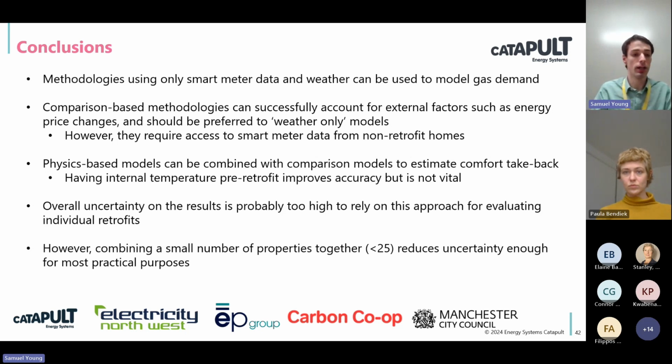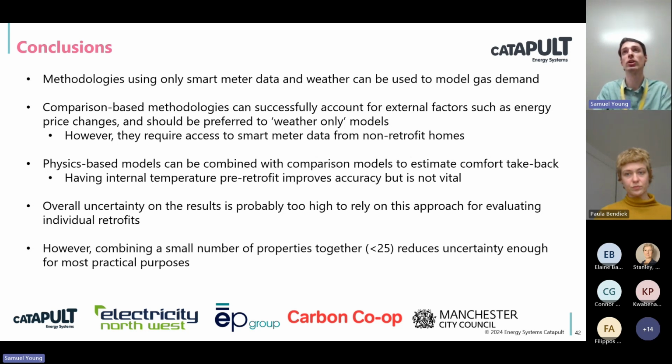If you have a whole load of homes and you're doing similar interventions on them, and you think that those interventions should be leading to a 10% or a 15% saving, then actually you can get the uncertainties down to the 4 or 5% range by grouping together a bunch of homes. And so you can assess overall, have the interventions on that group of homes reduced energy usage by 10%, 15%? Yes, I think we can do that.